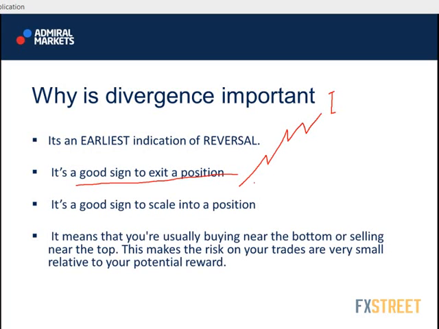So if you're long and you spot a regular bearish divergence, that is a good sign to exit, because if you're an intraday trader, the price can erase your gains and bring you to your stop loss. Most of the time it's for intraday traders, but it can also be for intra-week traders.